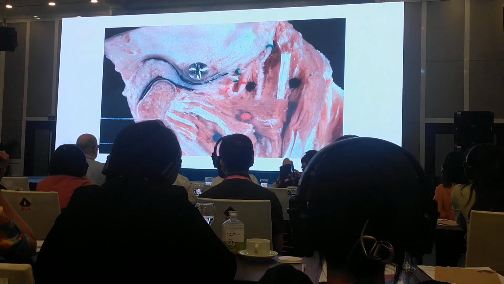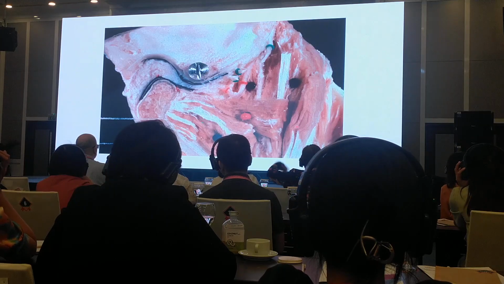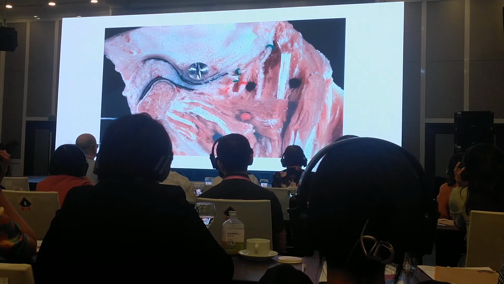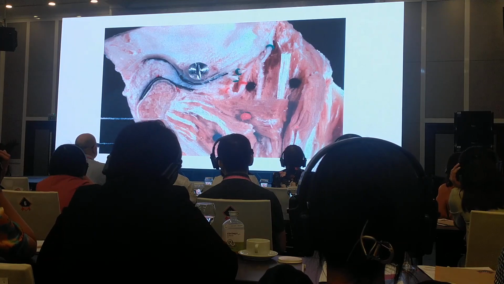If you want to open, this muscle pulls the condyle forward. But how about the superior one? This one, the inferior one, pulls forward.